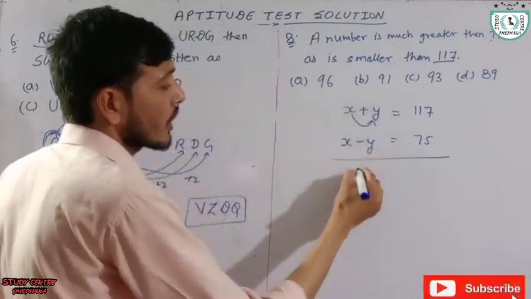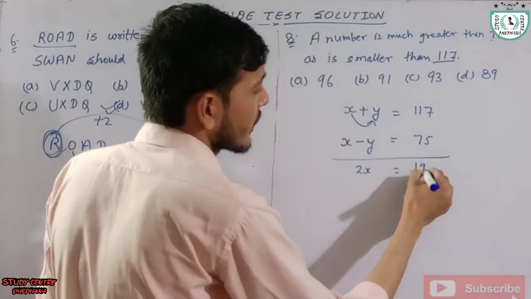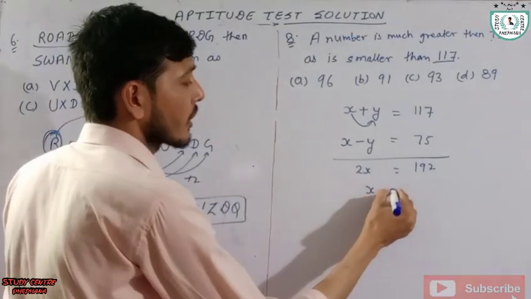After adding this we can say that 2x is equal to 192, and x is equal to 96.